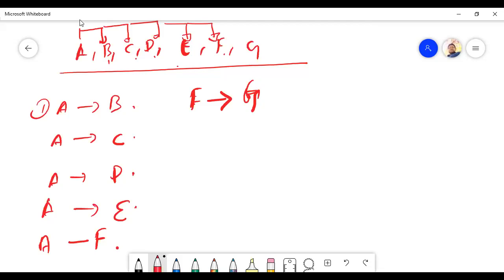Now, if you see G, G is not depending on A, it is depending on F.